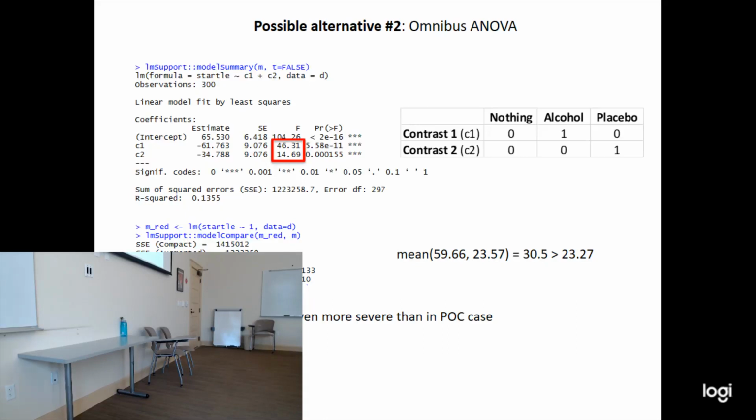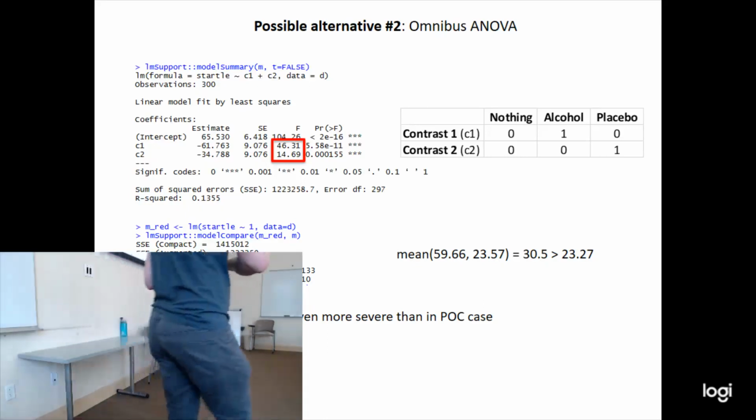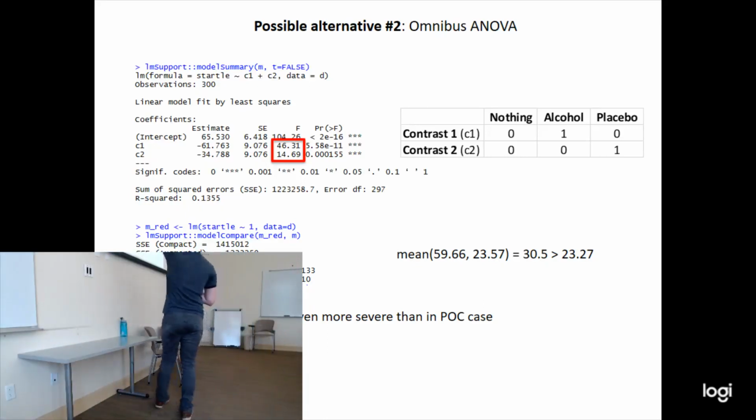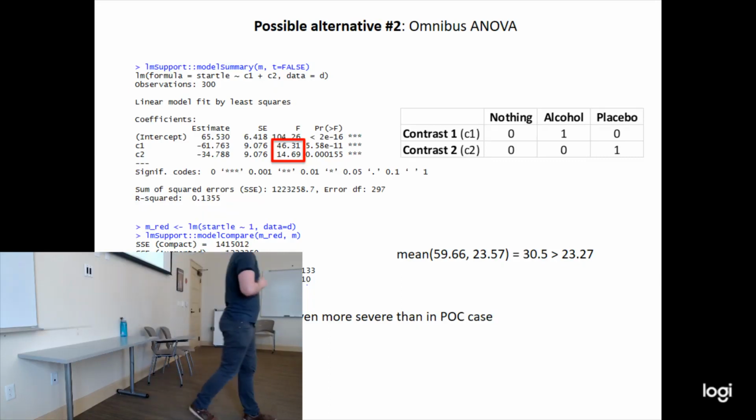But the other issue is that we are interested substantively in both C1 and C2. So our hypothesis is spread out across two different contrasts.